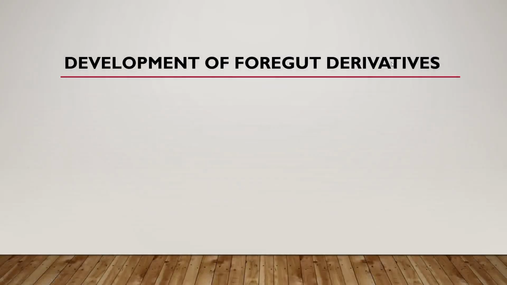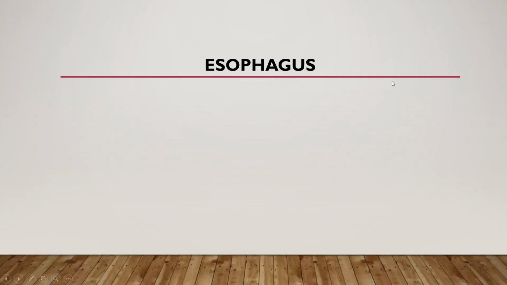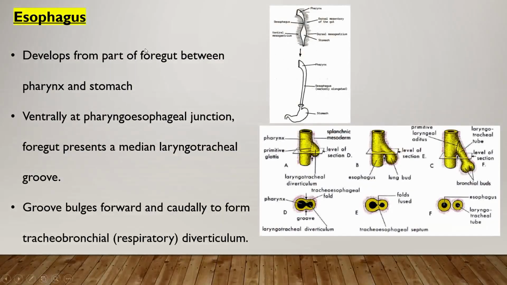Now development of foregut derivatives. First, the esophagus. The esophagus develops from the part of the foregut between the pharynx and stomach. Ventrally at the pharyngo-esophageal junction, the foregut presents a median laryngotracheal groove.